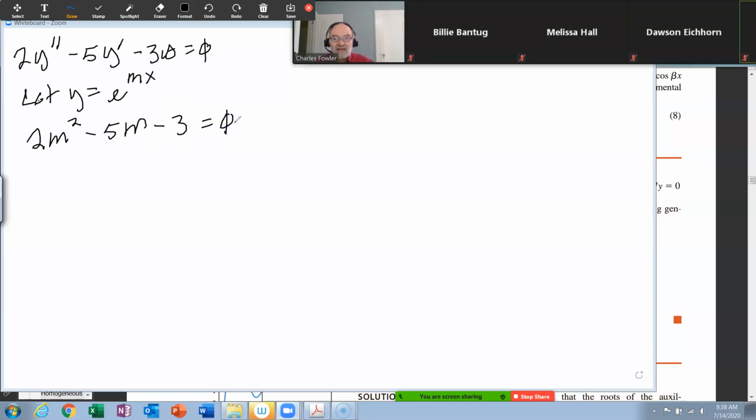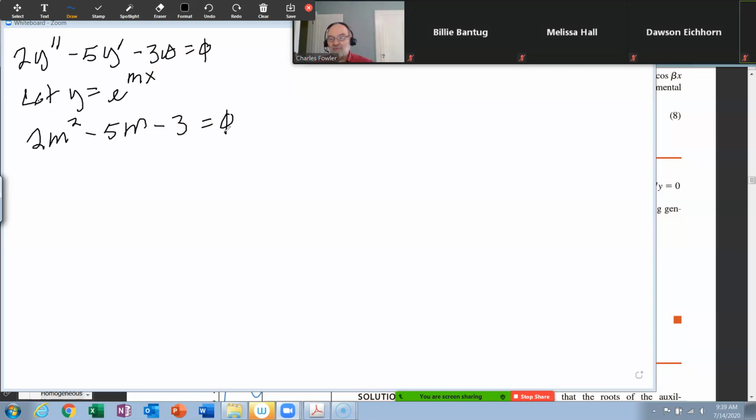Does everybody see how that comes about? You can go back and take the first derivative, second derivative. We've done that before, and it always came out with this coefficient times m squared, because that's the second derivative, minus that coefficient times m to the first power, minus this because you don't have any m's left in there, okay? And that's equal to 0.